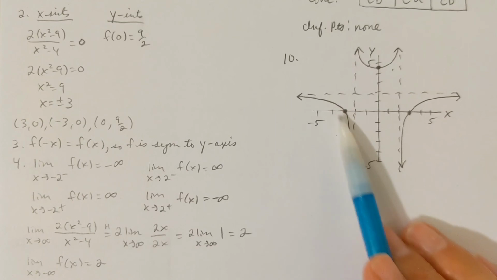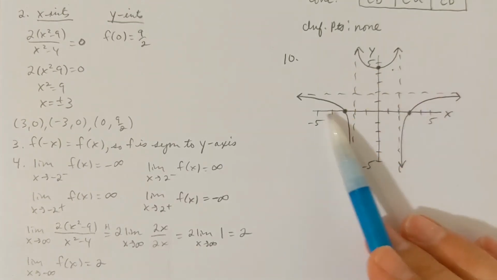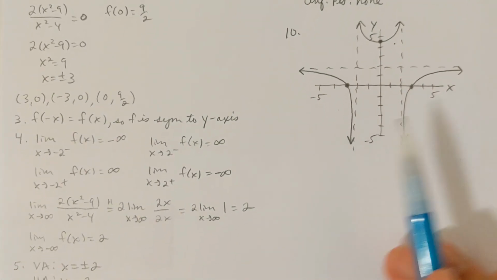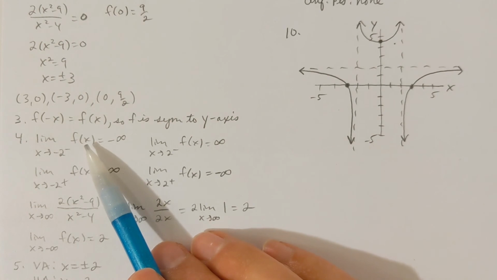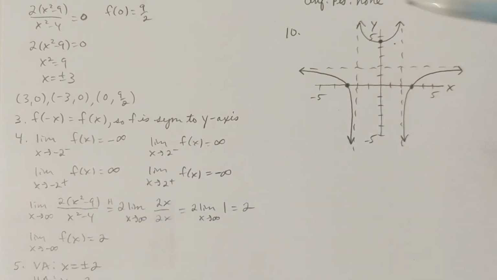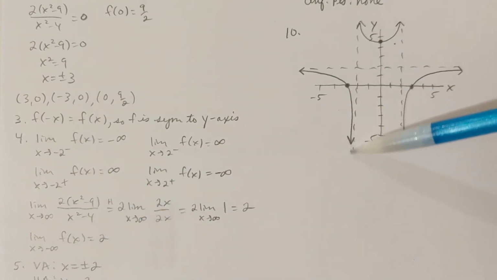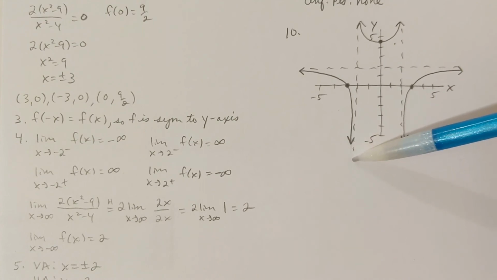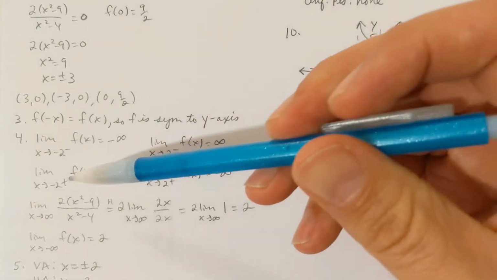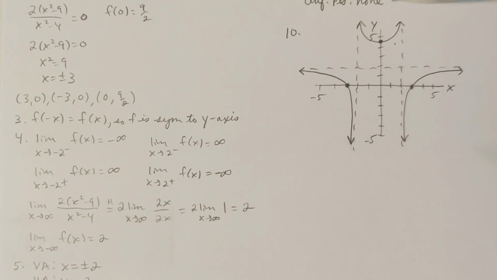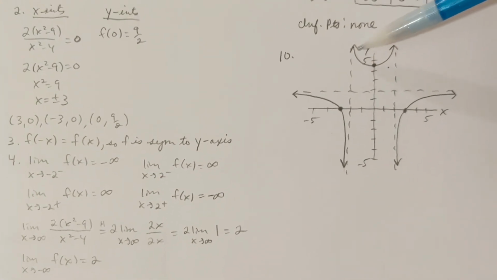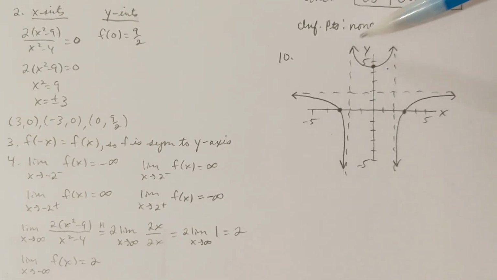The graph is symmetric to the y-axis, and so I'll use that when I draw this. The limit as x approaches negative 2 from the left is negative infinity. That means that the curve is heading downward on the left side of that vertical asymptote. The limit as x approaches negative 2 from the right of f of x is positive infinity, so we'll be heading upward on the right side of that vertical asymptote.